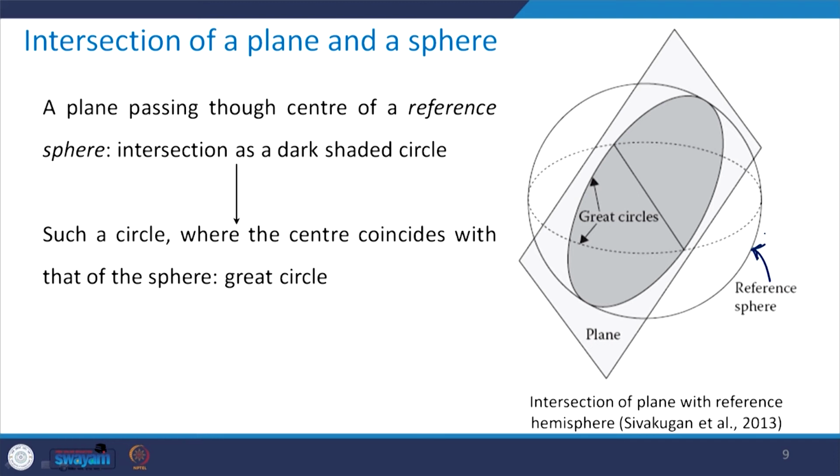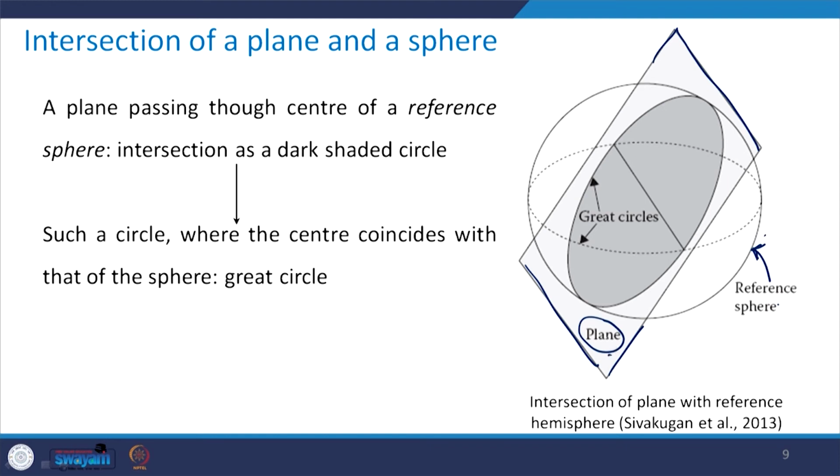Any circle having the same center as that of the reference sphere, we are calling a great circle. Now, this is the plane that we want the intersection with the sphere. So, this is the reference sphere, this is the plane.